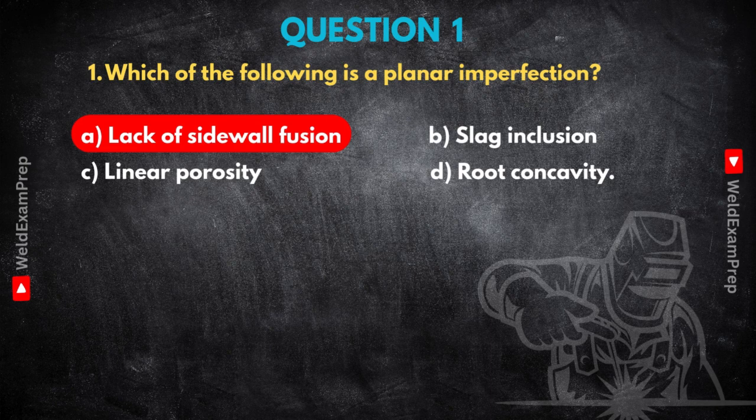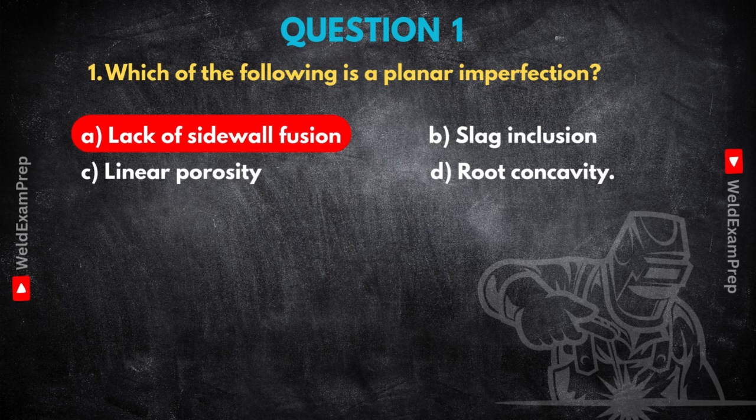The real difference is their geometry and how they interact with stress. Planar defects are uniquely dangerous because their sharp, crack-like nature really concentrates stress at the tip. That book analogy really helps visualize it. So it's not just knowing what it is, but understanding its basic shape and the impact of that shape. Precisely. Knowing lack of sidewall fusion as planar immediately flags it as a particularly high-risk defect.